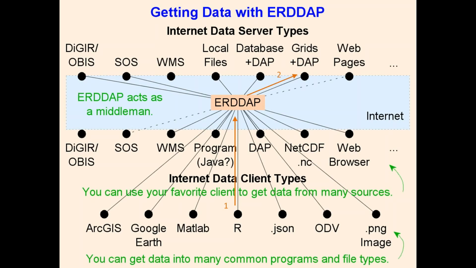ERDDAP reformats that request into whatever the source server's native request format is, sends that request to the server, gets the response back in whatever format that is in from the server, for example, an OpenDAP binary response, and then ERDDAP reformats that response into whatever file type the user requested. So that then is done transparently.